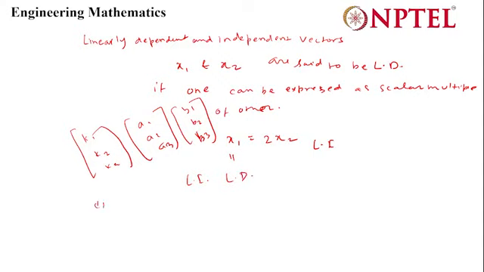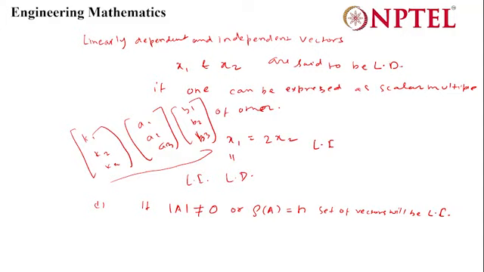First, you make a matrix out of these three vectors, and if the determinant of that matrix is not equal to 0, or the rank of that matrix is equal to the order, then this set of vectors will be called linearly independent.